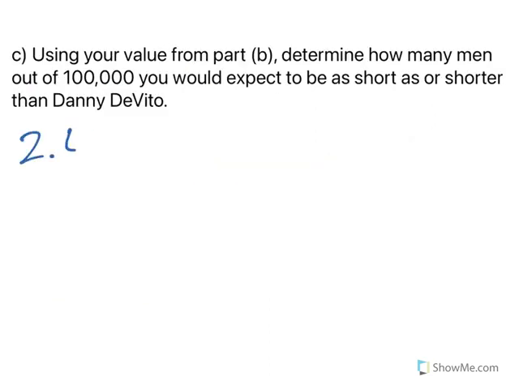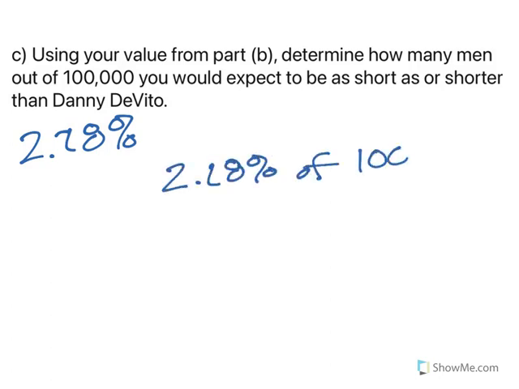Using that value, 2.28% of men are shorter than Danny DeVito, determine how many men out of 100,000 would you expect to be as short or shorter than Danny DeVito. So 2.28% of 100,000 men would be as short or shorter, how do we do that?